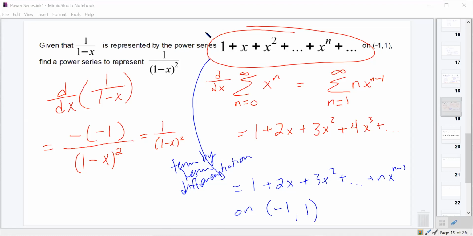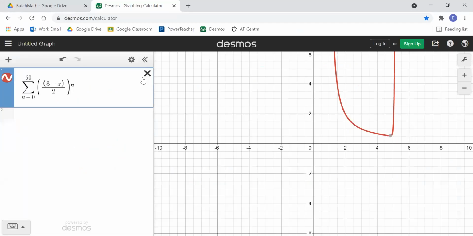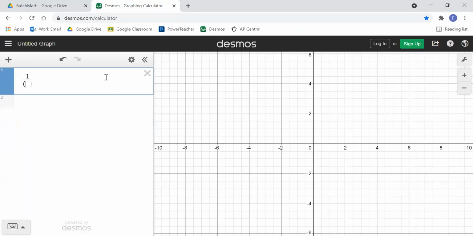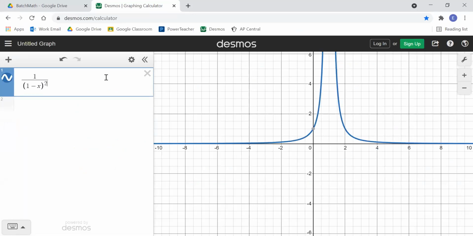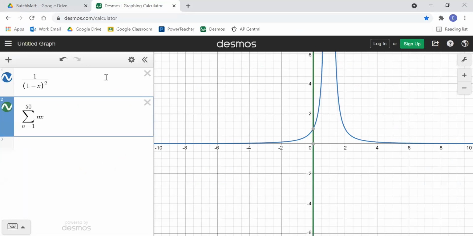So let's go in and take a look. We have 1 over 1 minus x to the second. And we have the sum from n equals, we'll say 0 to 50 again. Actually, we'll say n equals 1 to 50. And we are going to do n x to the n minus 1.